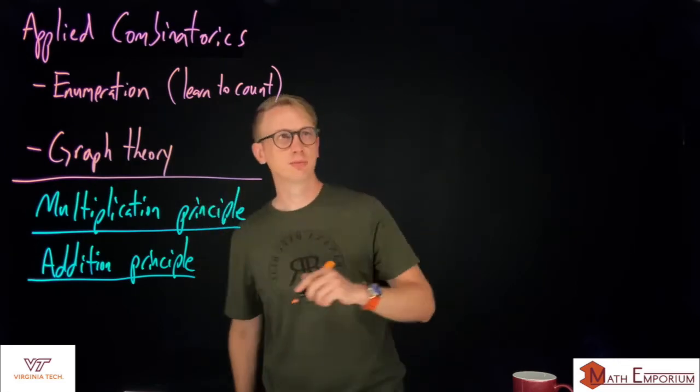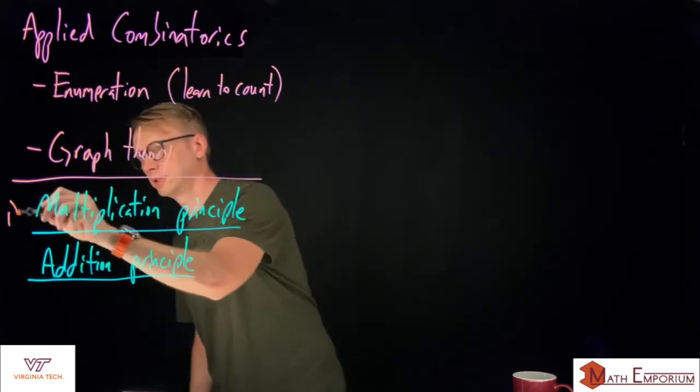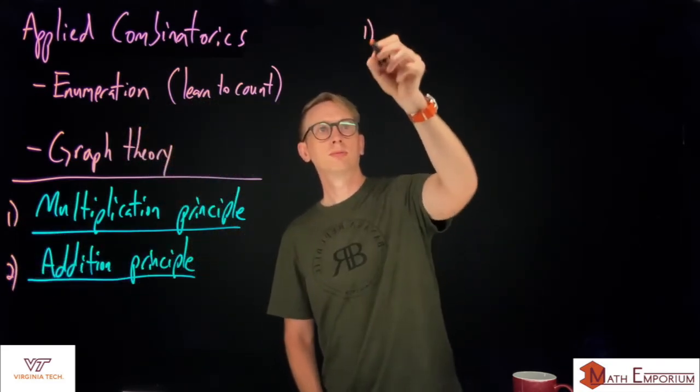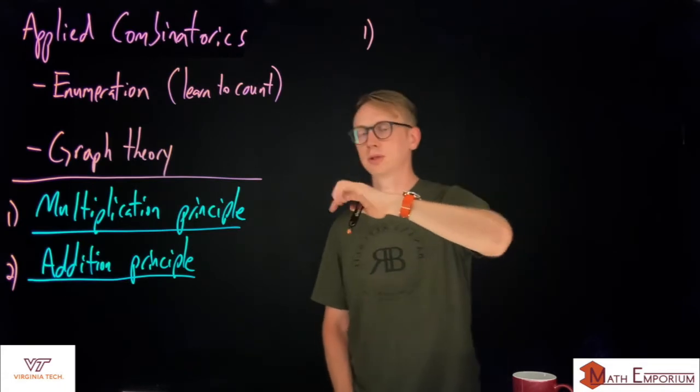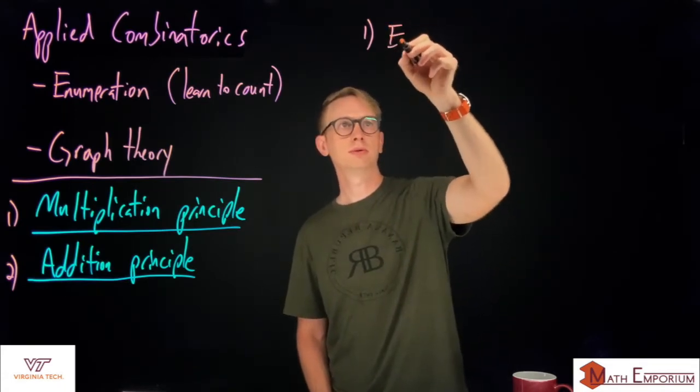All right, so multiplication principle. Let's number these so it's clear. What we're going to talk about is enumerating outcomes.